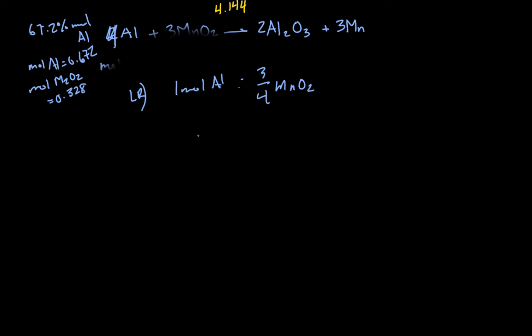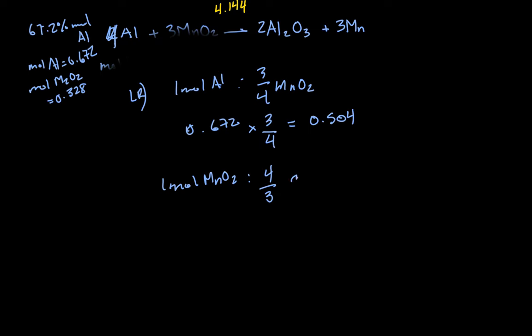So that means we're going to multiply the moles of aluminum, 0.672 times 3 over 4. That gives us a total of 0.504. All right, same thing the other way with manganese dioxide. So 1 mole of manganese dioxide reacts with 4 over 3 moles of aluminum. Right, and that's this divided by 3, and then this was just that divided by 4.